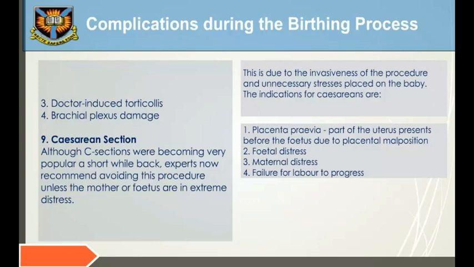The indications for cesareans are 1. Placenta previa. Part of the uterus presents before the fetus due to placenta malposition. 2. Fetal distress. 3. Maternal distress. 4. Failure for labor to progress.